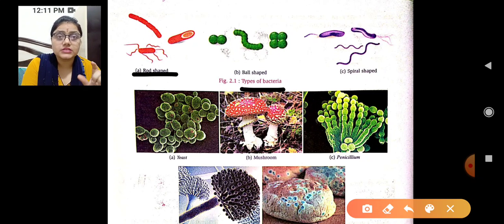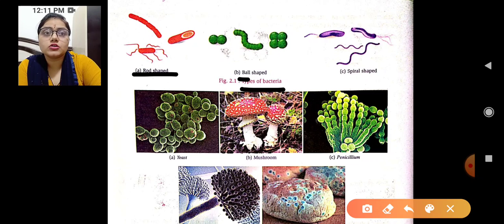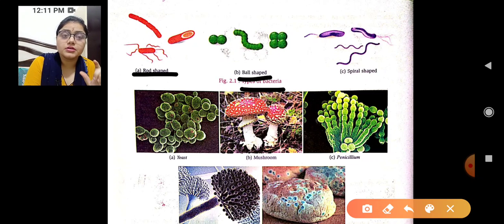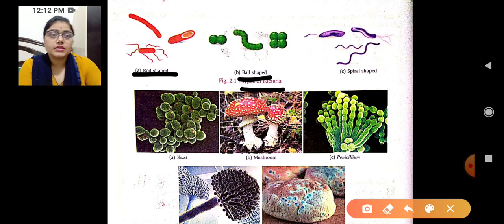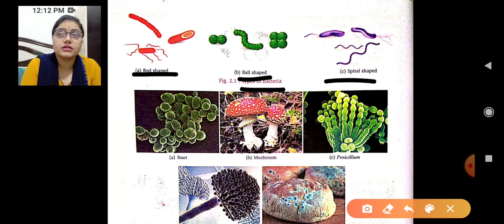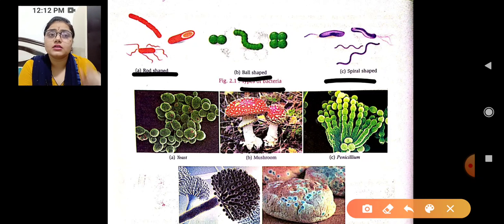These bacteria have the shape of a rod, so they are known as rod shaped bacteria. Next is the ball shaped bacteria, which have the structure of a ball. The third is the spiral shaped bacteria. They are like a spiral, like a spring.